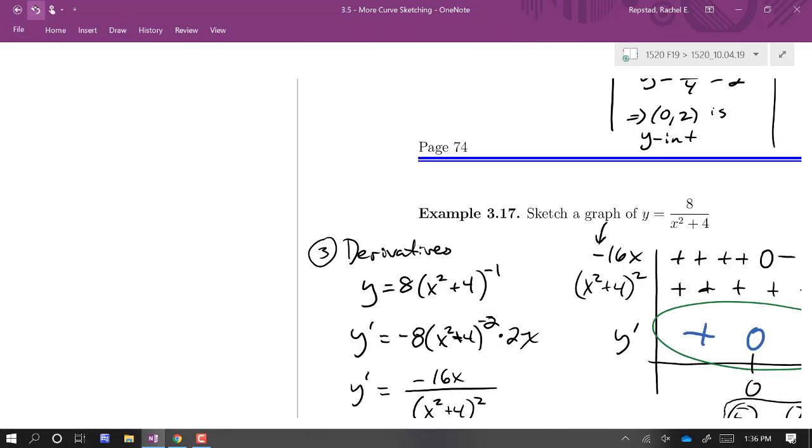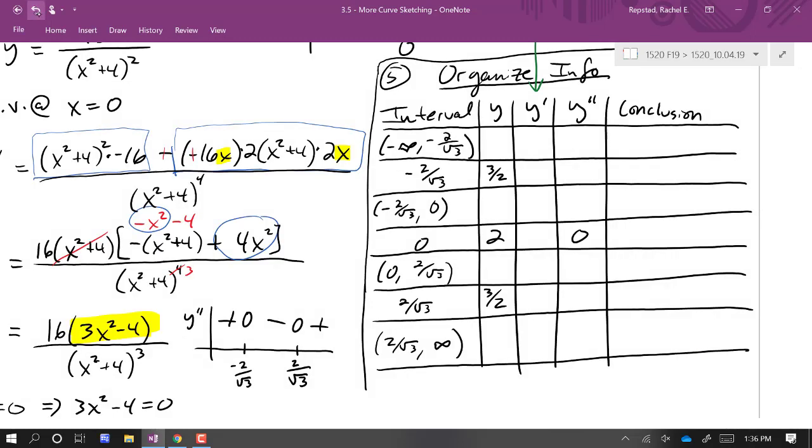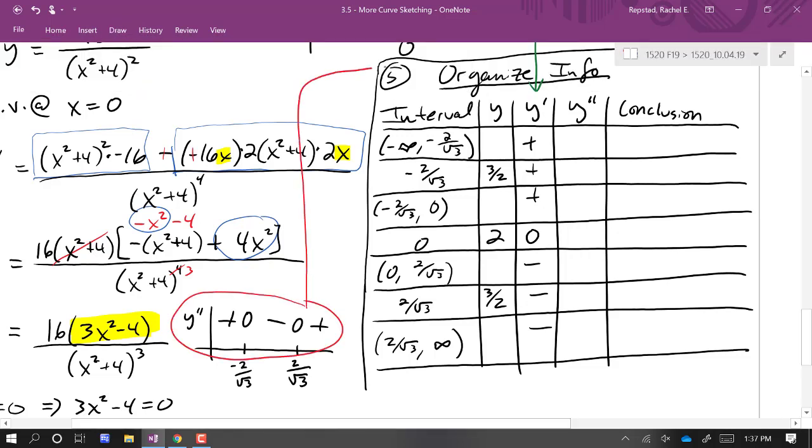Whoops, wrong column. And then similarly for the second derivative, we've already made that sign chart, so I'm just taking this and throwing it in there. It's 0 at plus and minus 2 over root 3. It's negative in between and positive on either end.